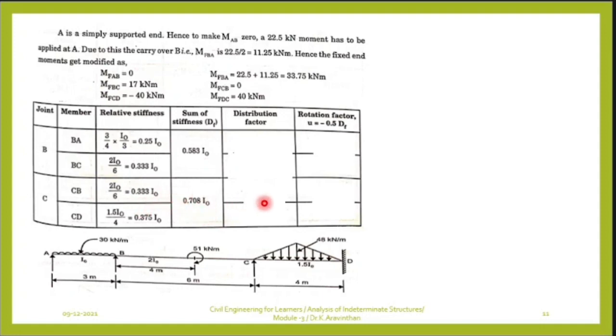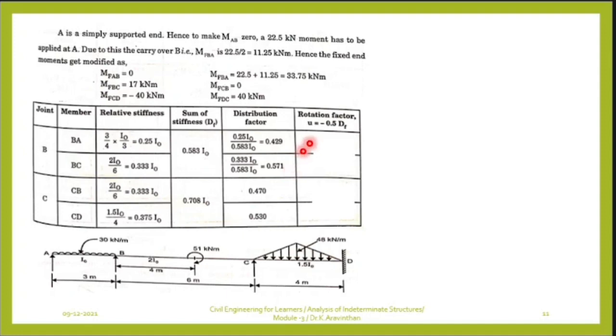Now you got relative stiffness and sum of stiffness. What you have to do is to find the distribution factor, divide 0.25 by 0.583. First value is 0.429 and the next value will be 0.571, 0.47 and 0.53.